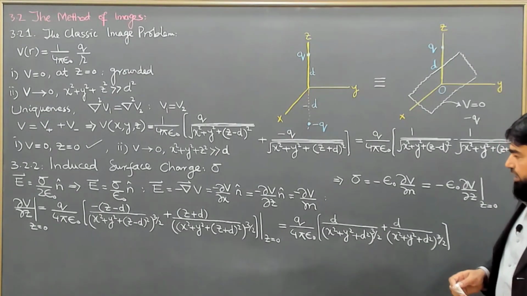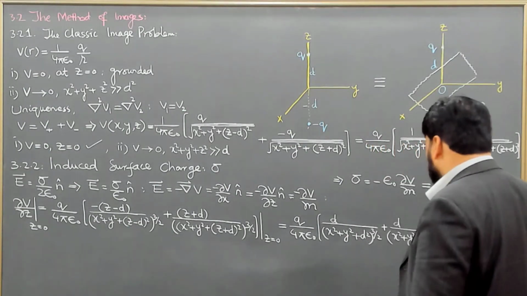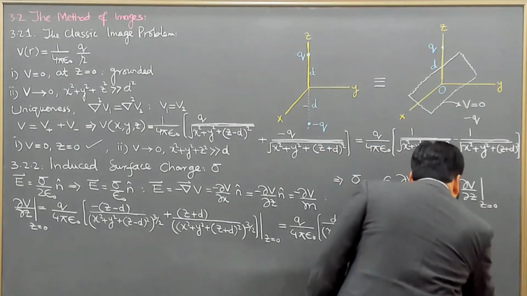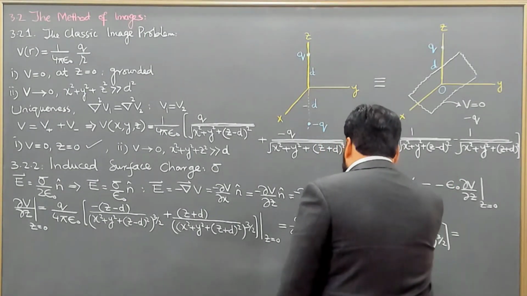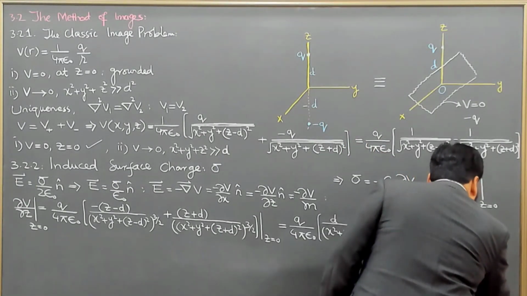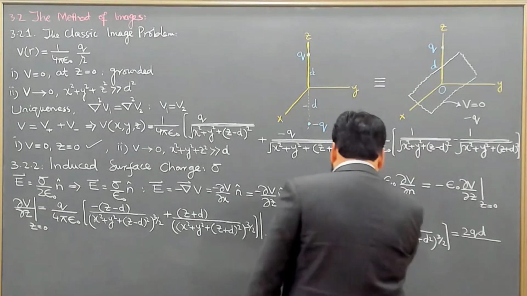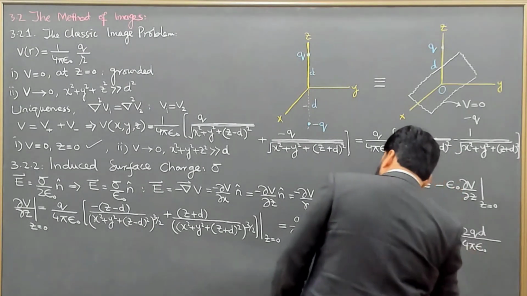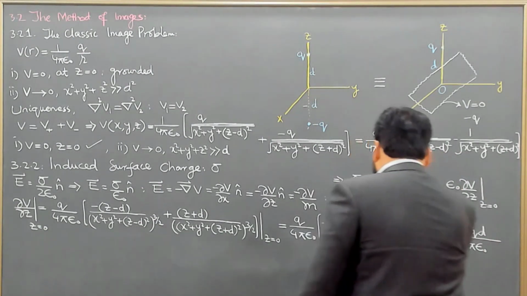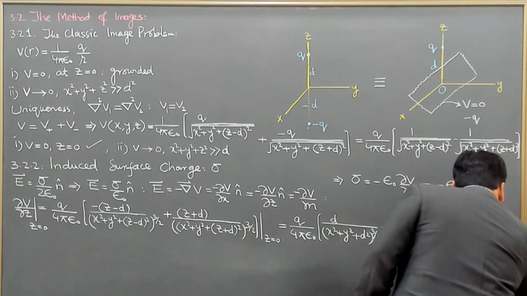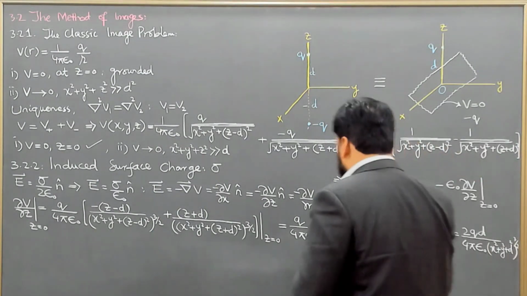And another thing that came here, so it will become 2 times of that, and we will get that this is equal to 2qd divided by 4 pi epsilon naught, and this one x square plus y square plus d square and whole power 3 over 2.